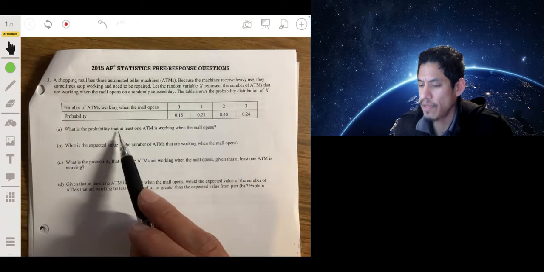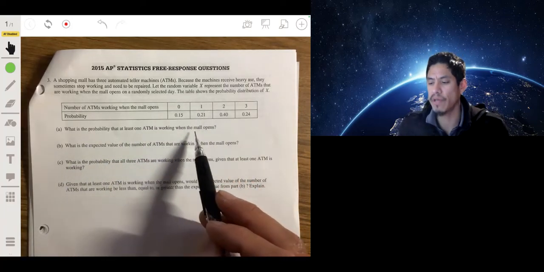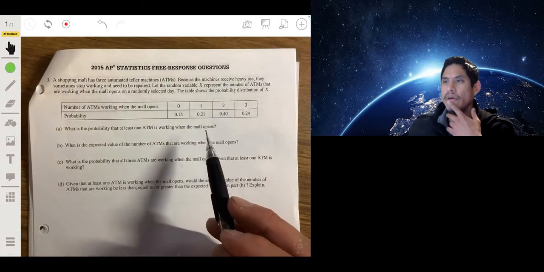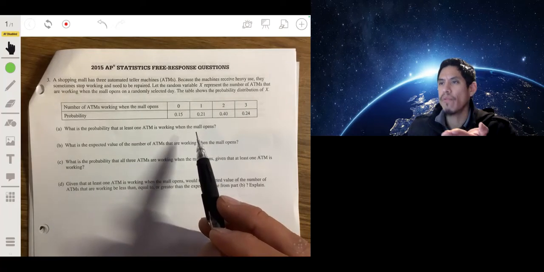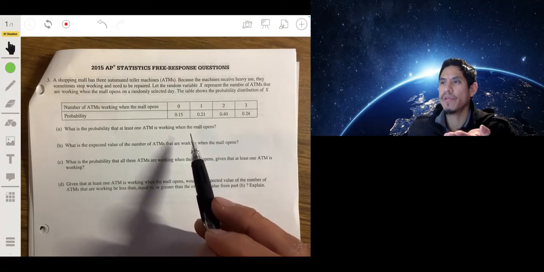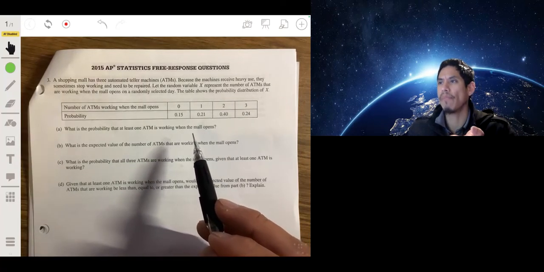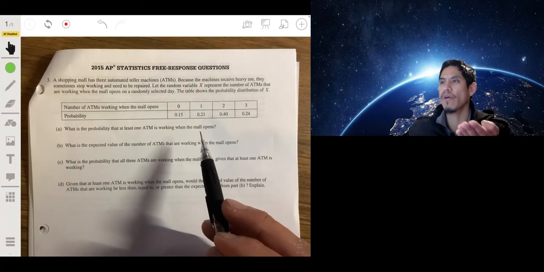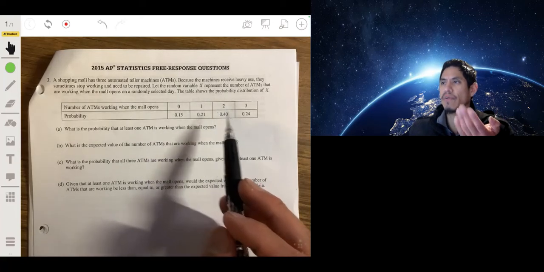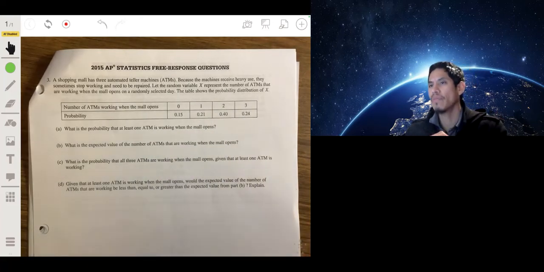Part A: what's the probability that at least one ATM is working when the mall opens? For there to be at least one ATM working, we don't need to know which one. It could be the first, second, or third. We want to think of it as the probability that none of them will work.